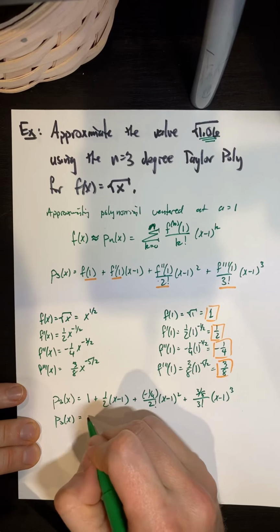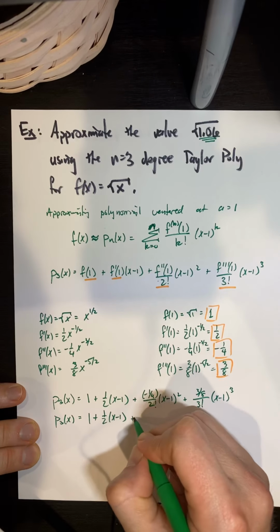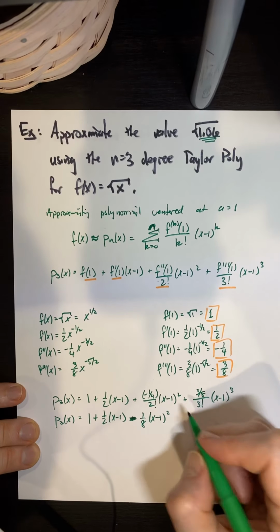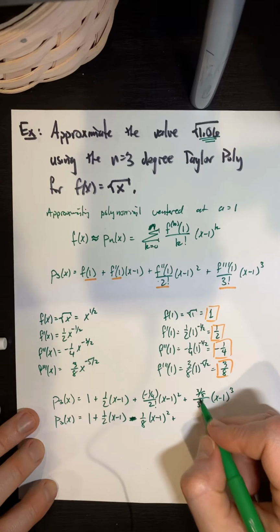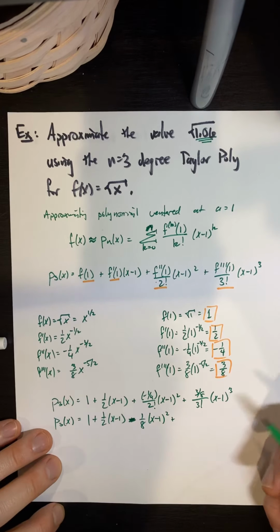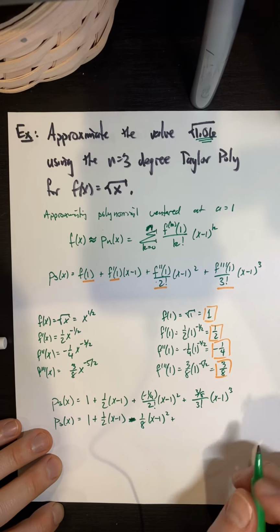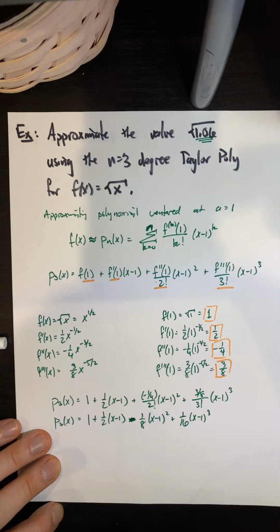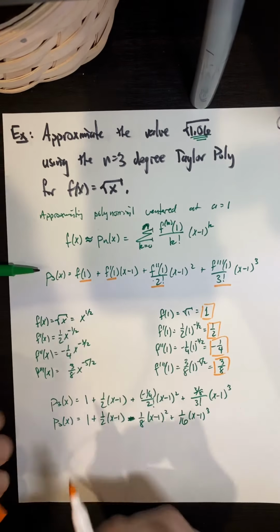Simplifying, my third degree polynomial will be 1 plus 1 over 2 times x minus 1 minus 1 over 8 times x minus 1 squared plus, and 3 factorial is 6, so the 6 and the 3 would cancel, leaving me with a 2, so it would be 1 over 16 times x minus 1 cubed. Okay, so this is my third degree approximating polynomial.